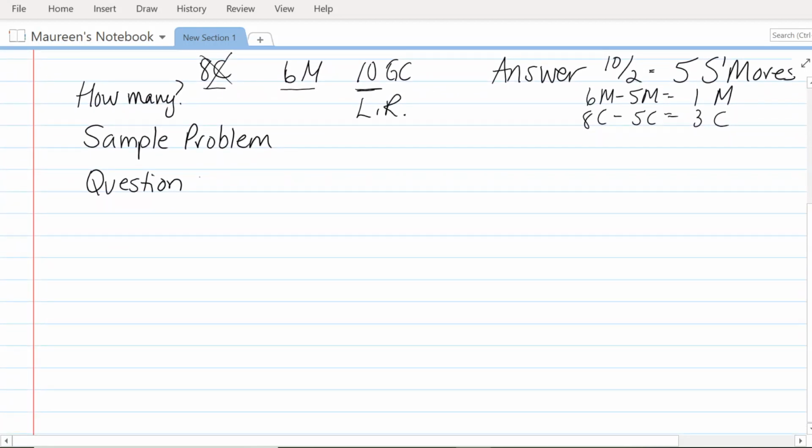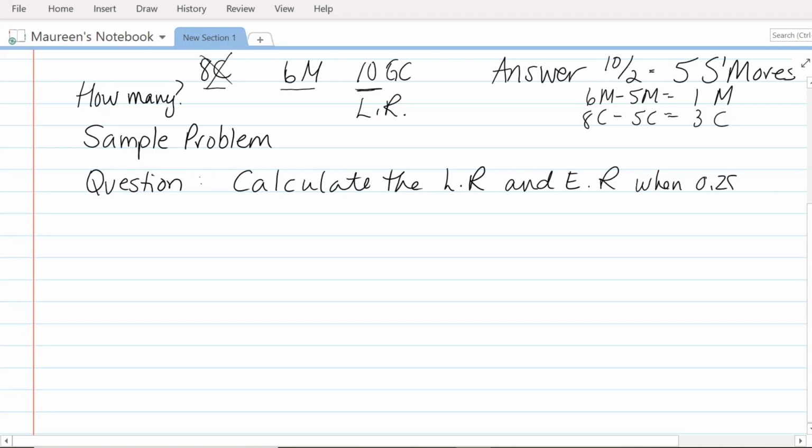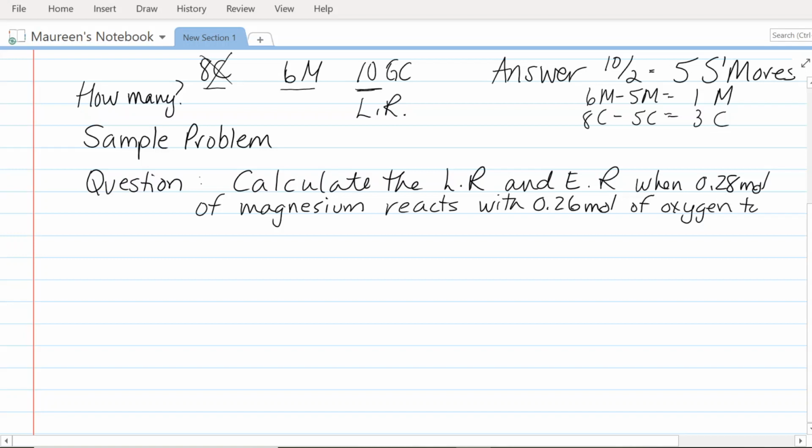Okay, so we're going to calculate the limiting reactant and excess reactant when 0.28 moles of magnesium reacts with 0.26 moles of oxygen to produce magnesium oxide.